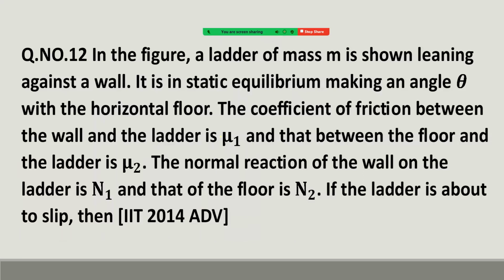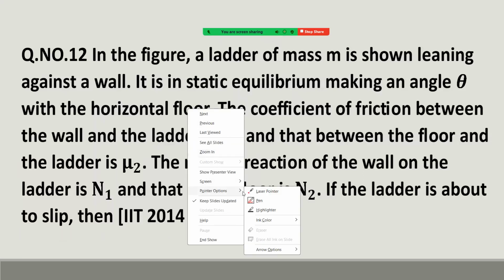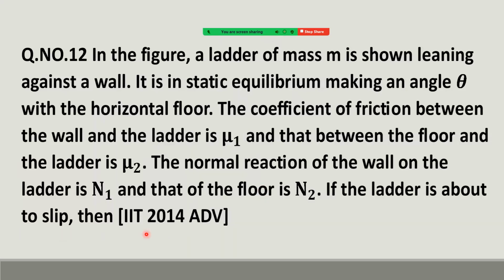Okay, let's see the next problem. This is a previous IIT problem asked in 2014 Advanced. In the figure, a ladder of mass m is shown leaning against a wall.